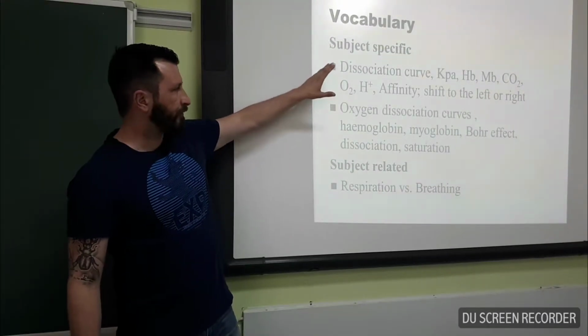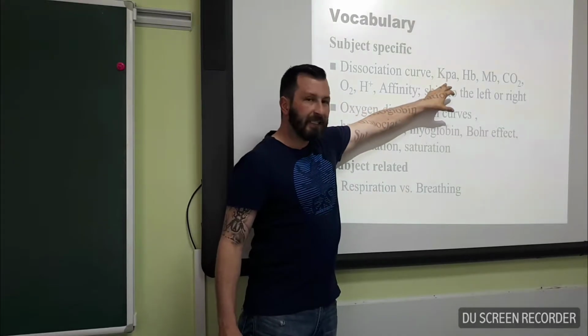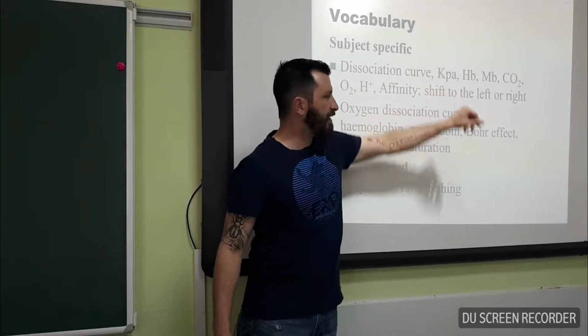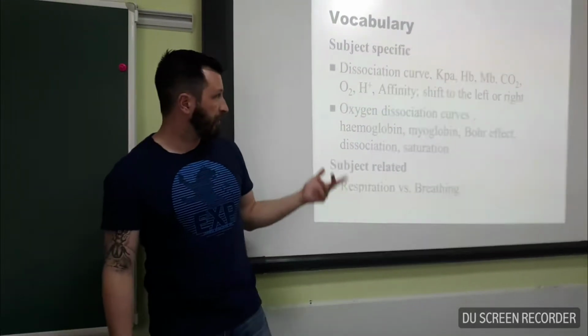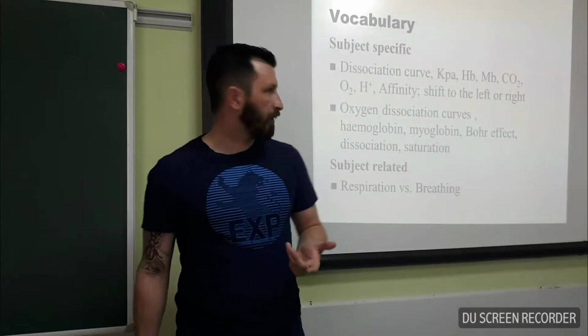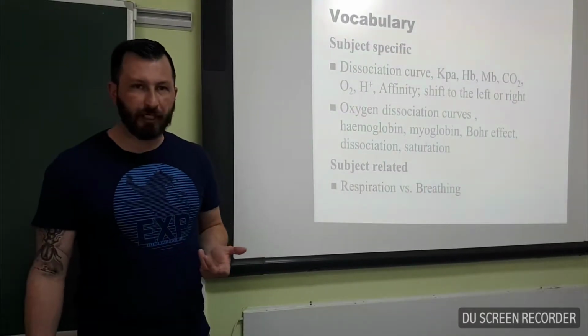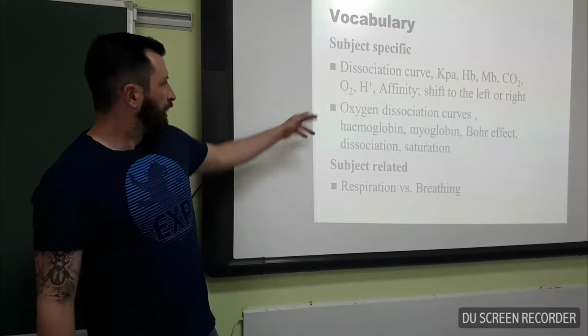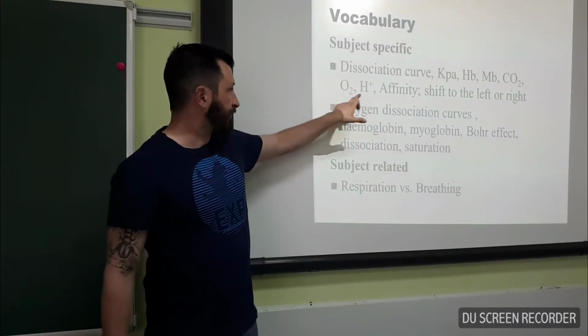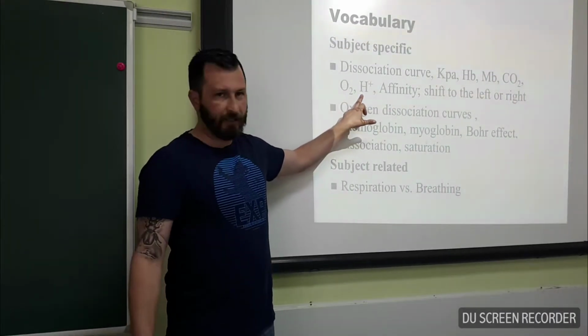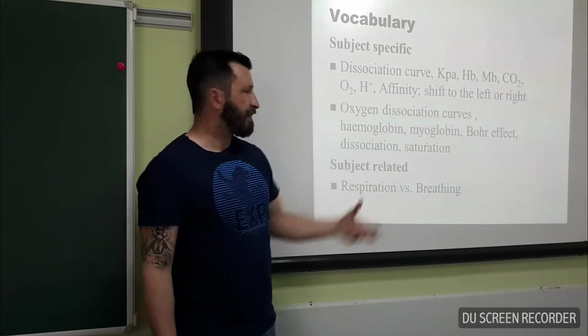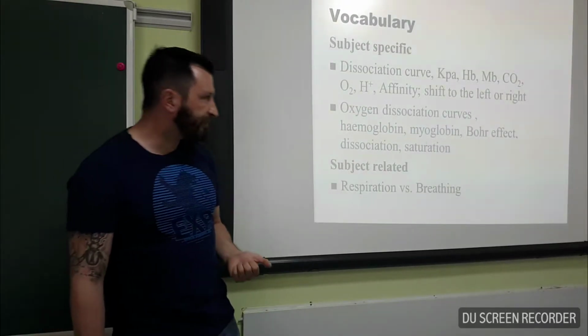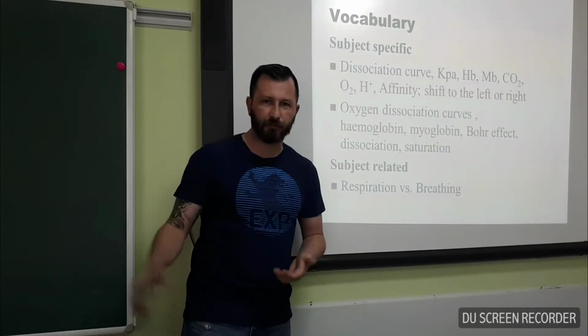Dissociation curve, kPa as kilopascal, Hb as hemoglobin, Mb as myoglobin, CO2 as carbon dioxide, O2 as oxygen, H as a proton or as hydrogen, affinity, shift to the left and shift to the right.